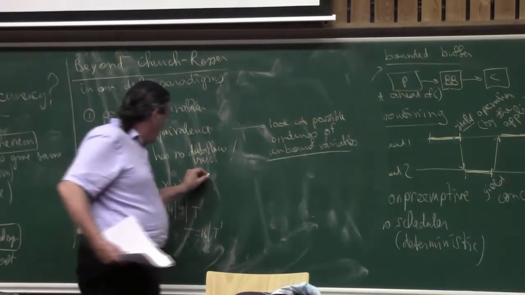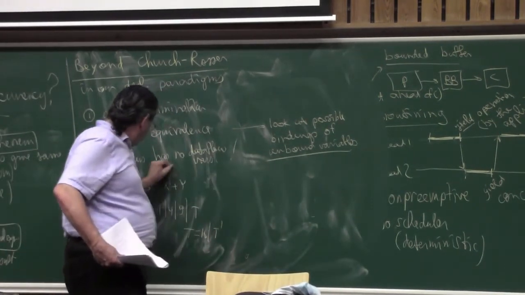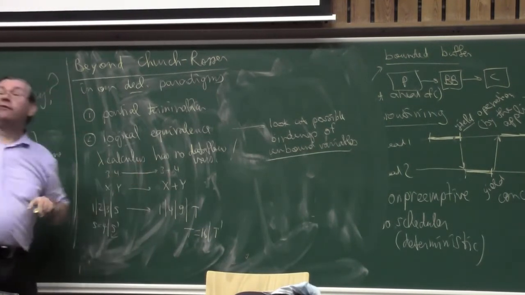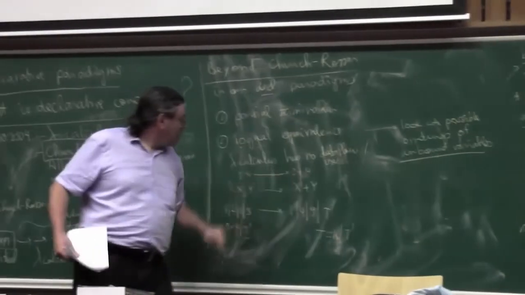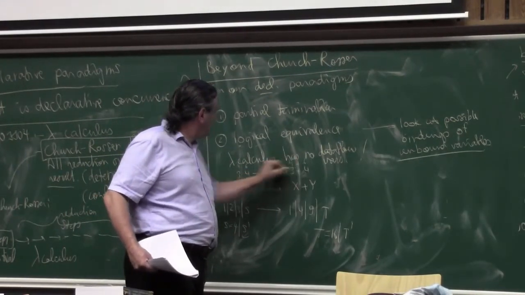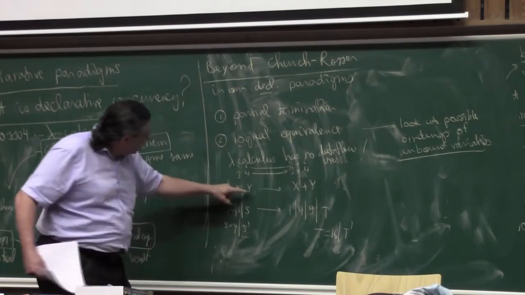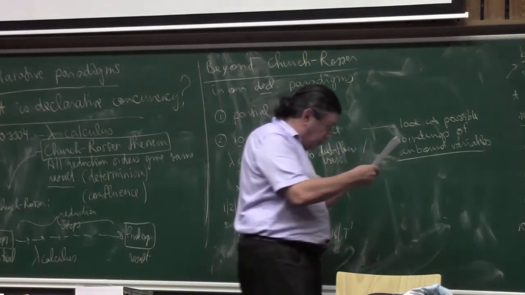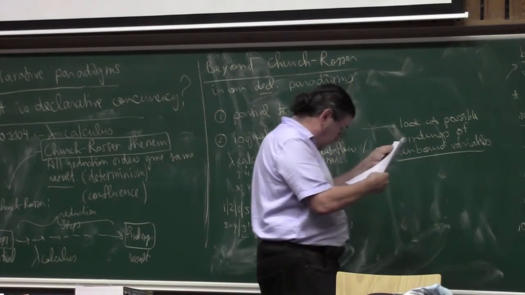So if we have 3 plus 4, if x is 3 and y is 4, then Church-Rosser applies, if we have values. But we can also have 4 and 6, and we get 4 plus 6. So there are many possible ways to bind them. So we actually look at all the possible bindings. Okay?